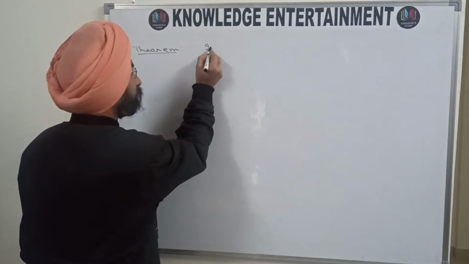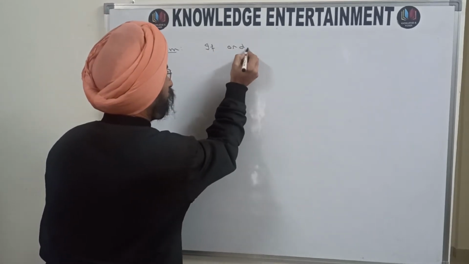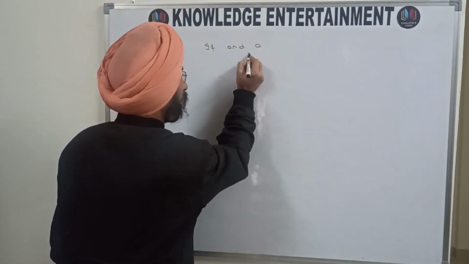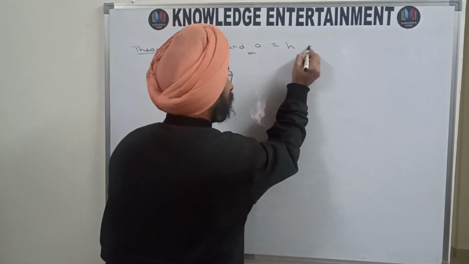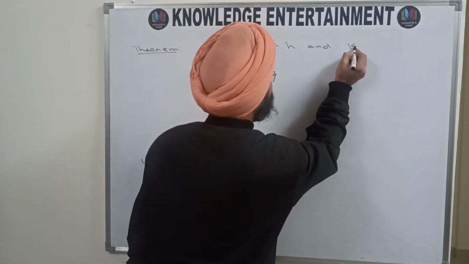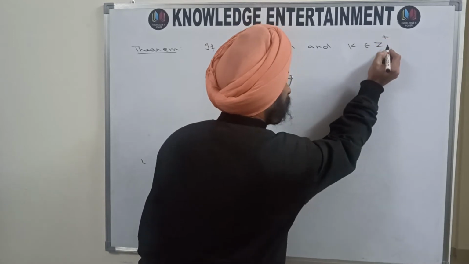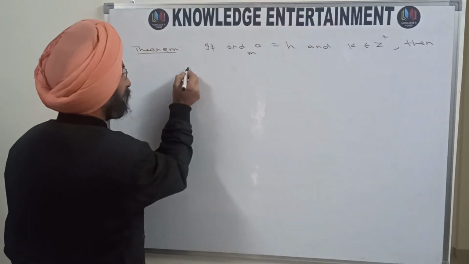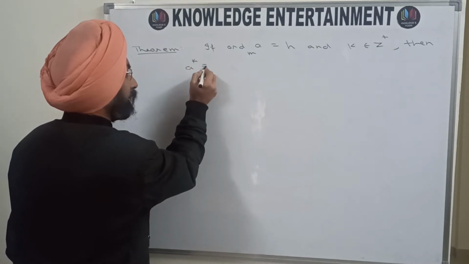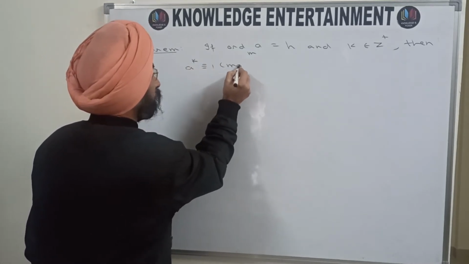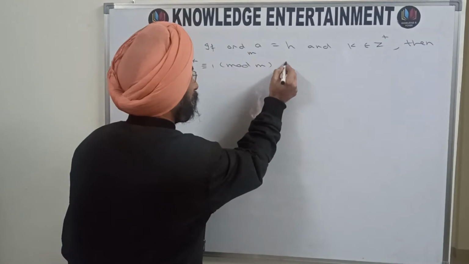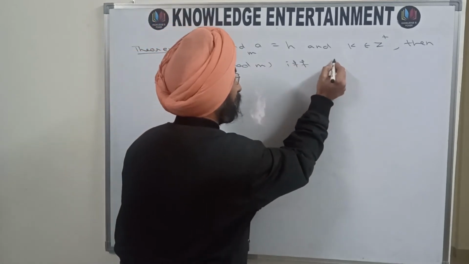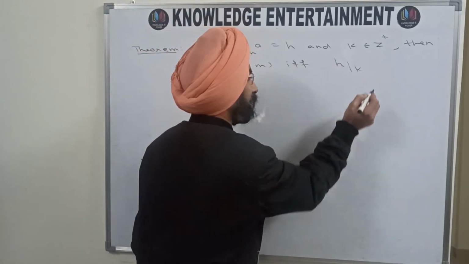If the order of a modulo m is h and k is a positive integer, then a raised to the power k is congruent to 1 modulo m if and only if h divides k.